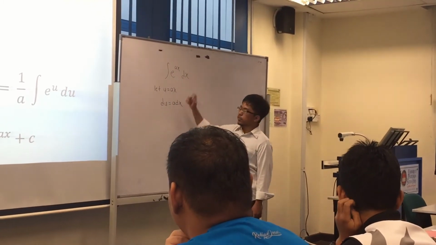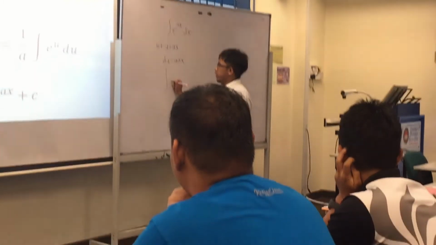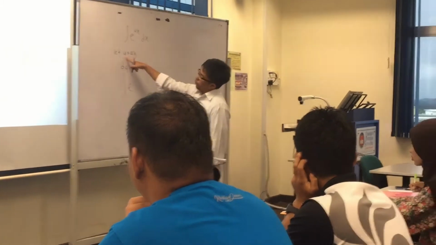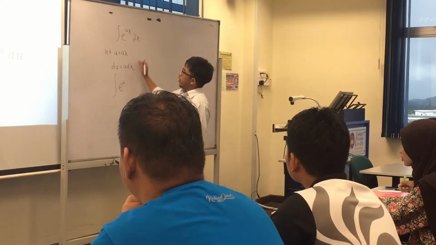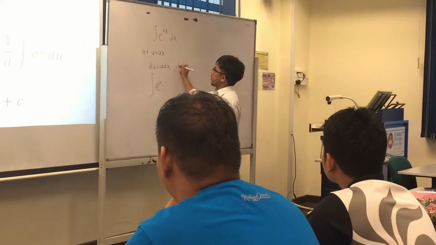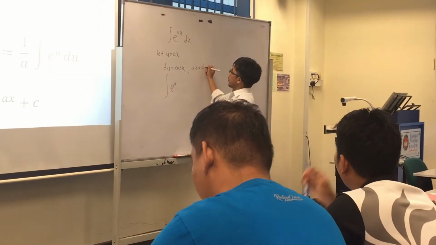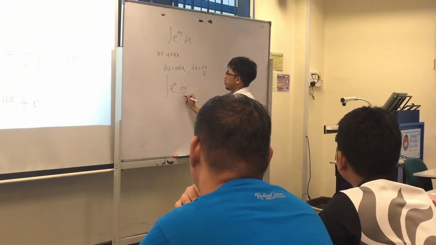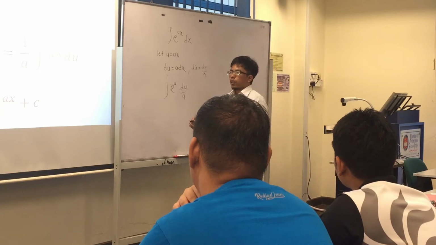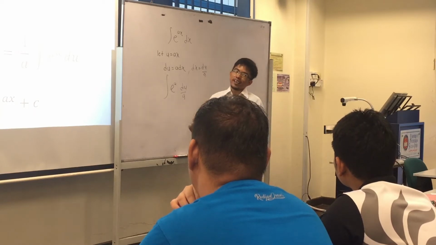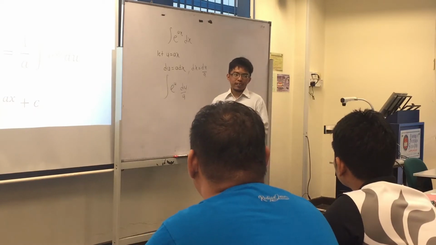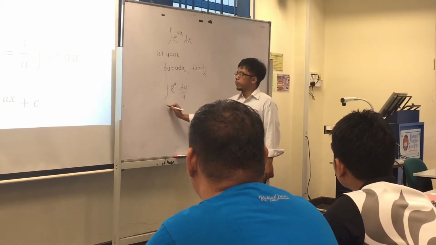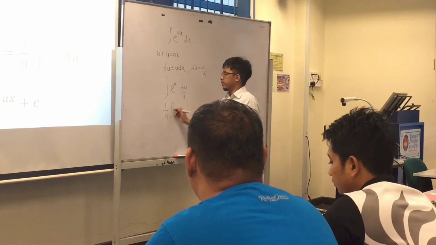We will continue the lesson, and we have to substitute what we get from here into this equation. We have the integral of e to the power of ax, which we substitute with u, and for dx we will get du over a. As I mentioned before, when we have a constant, we can move it in front of the integral.